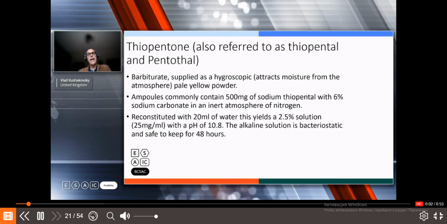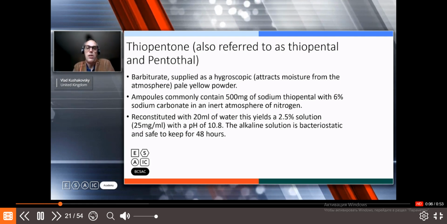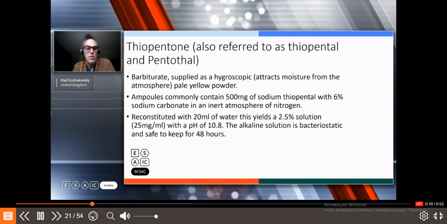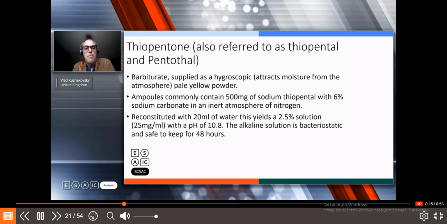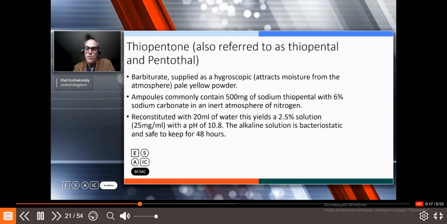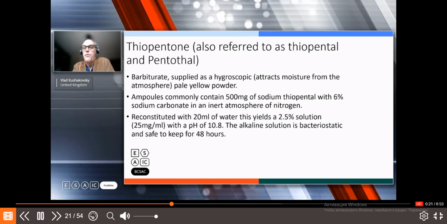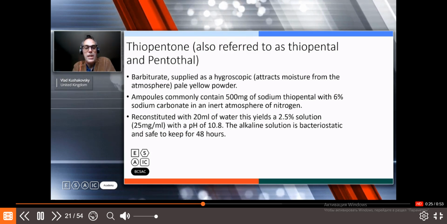It's supplied as a hygroscopic pale yellow powder, and hygroscopic means that it attracts moisture from the atmosphere if exposed. That is why it's packed in an inert atmosphere of nitrogen, so as not to attract any moisture. The ampoules commonly contain 500 milligrams with 6% sodium carbonate.